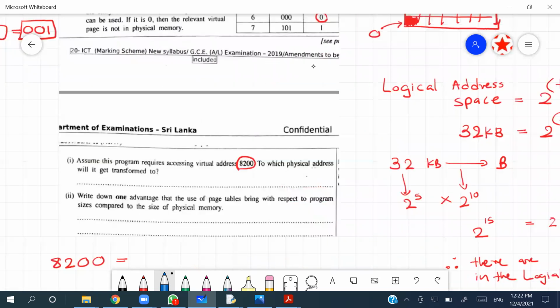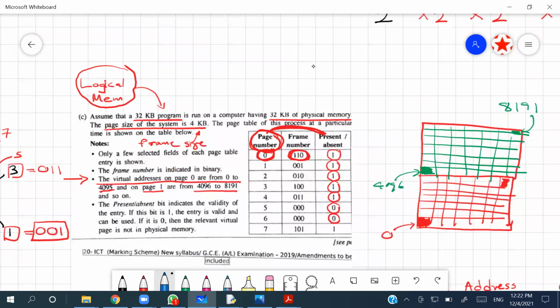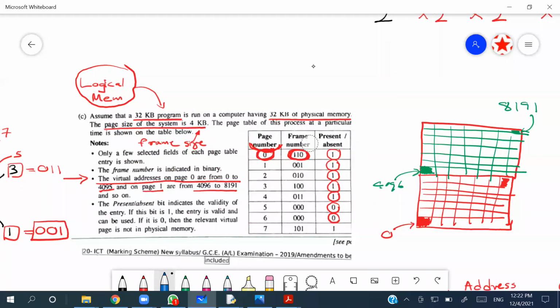Now move to the question. In our page table, we have two columns. One column is page number, the other column is frame number. When mapping, we can take the corresponding frame number for the page number where a 1 is fixed, because the places with 1 are considered valid entries. We do not take 0 as valid. So what do we have to do?